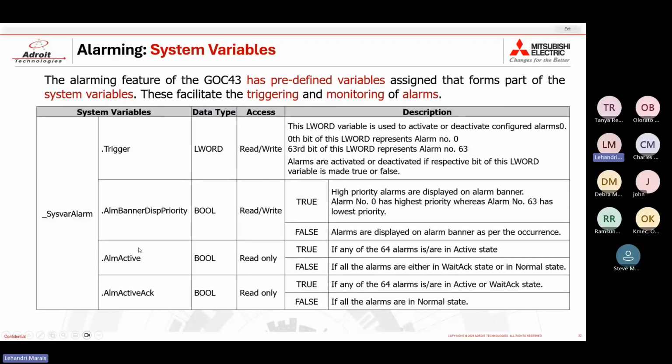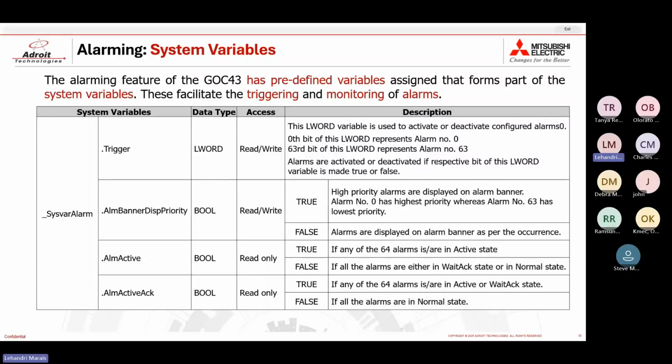The next system variable is the alarm active variable, which we discussed. This variable is true if any of the 64 alarms are in an active state. If this is false, no alarms are in the active state, and the alarms are either in a wait acknowledgement state or a normal state.